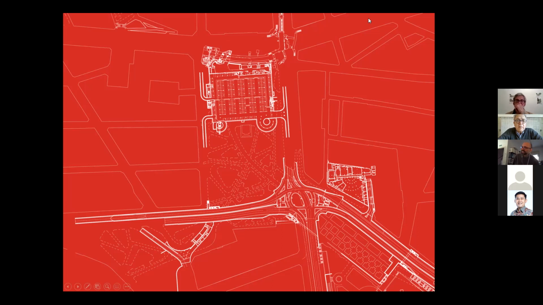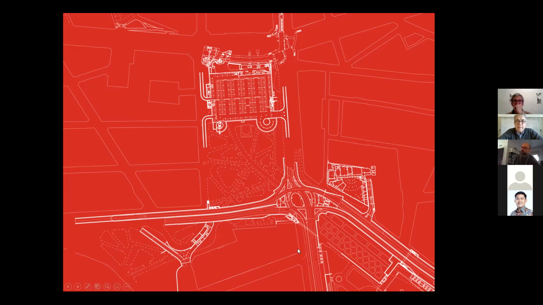Sorry. Okay. Before the competition, we had a lot of traffic going like that, doing this, and also this. This is changed. So all the traffic has to go like that. Most of the traffic goes around the city.